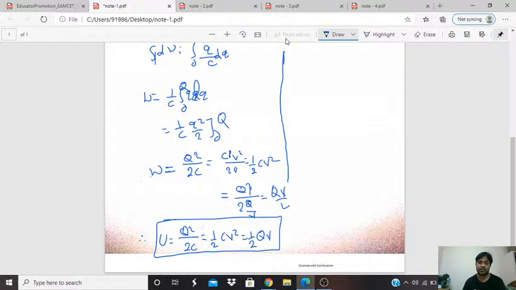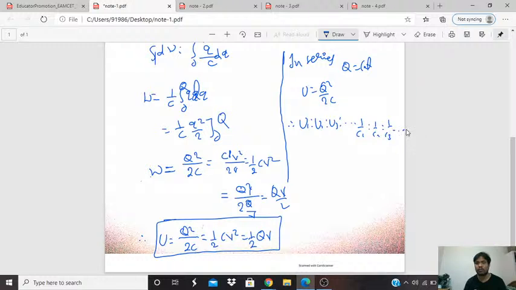This work done is stored in the capacitor. Suppose a number of capacitors are in series. In series combination, charge is constant, so you can take U equal to Q square by 2C. Then U1, U2, U3 and so on are in the ratio 1 by C1, 1 by C2, 1 by C3 and so on, because Q square by 2 gets cancelled.